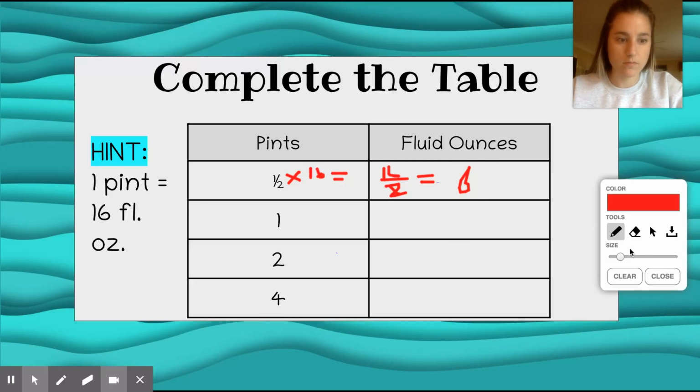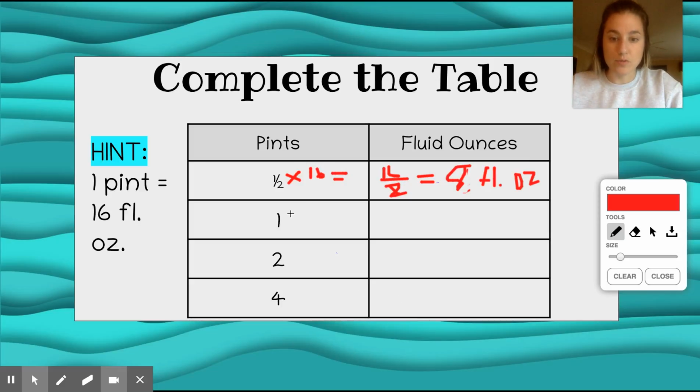Hold on. Sorry. I don't know why these things don't write well. Which is equal to 8 fluid ounces. Okay. So now I would do 1 times 16, which is equal to 16 fluid ounces.